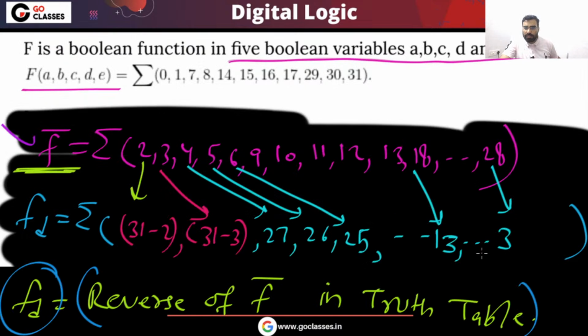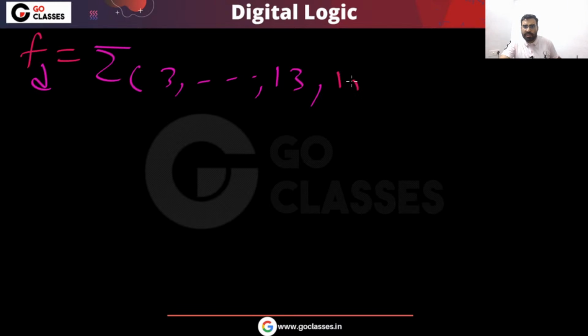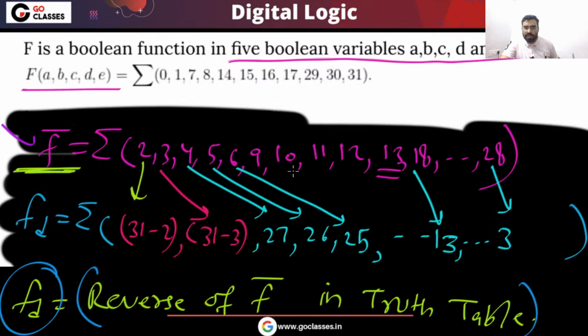From 3 to 13, and then for 13 you will get 18, 19, 20, 21, 22.